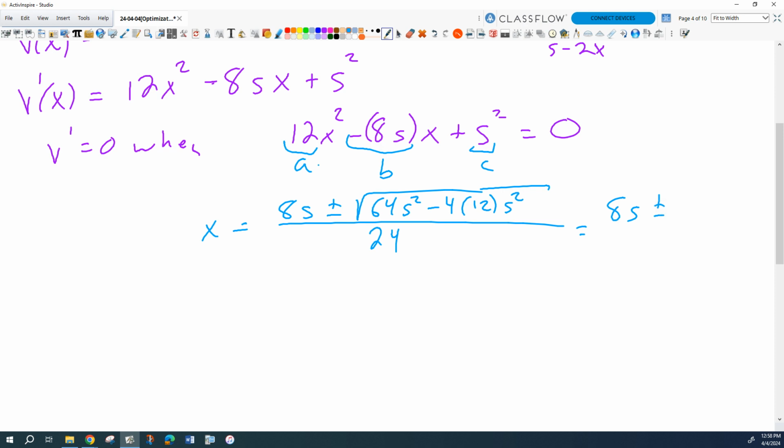So what's that look like? 8s plus or minus the square root of 64s squared minus 48s squared. Well, that's 16s squared. What's the square root of 16s squared? 4s, right? See what I'm saying?